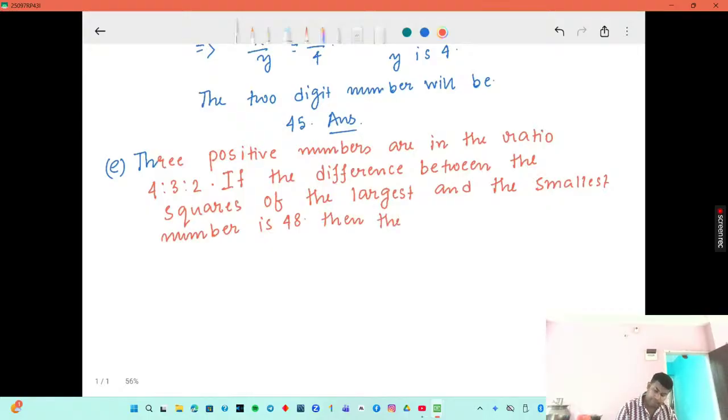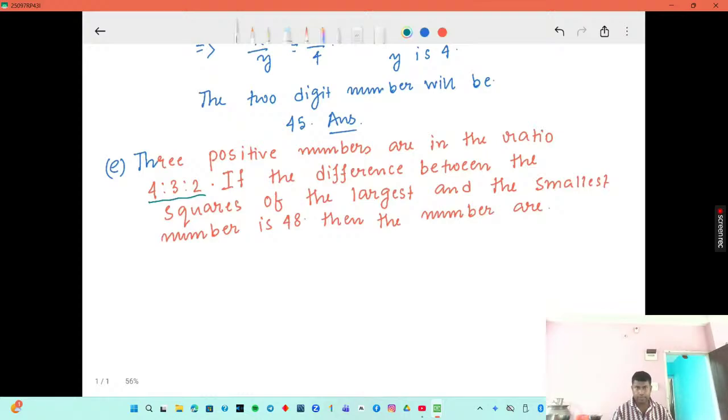So here in this question it is given as three positive numbers are in the ratio 4 is to 3 is to 2.